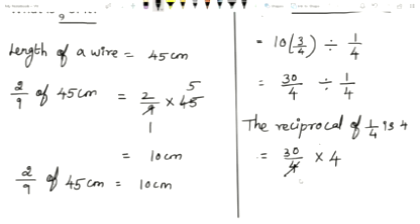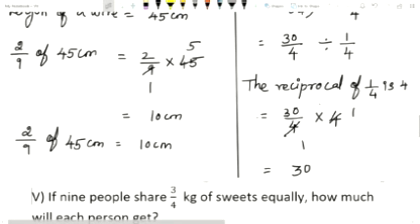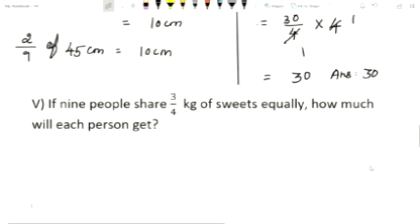Now cancel this, 4 ones are 4, 4 ones are 4. Now what you will get, children? 30. So how many 1/4 are there, children? 30 1/4 are there. So what is the answer? 30 is the answer. 30 1/4 are there in 10 3 by 4. Do you understand, children? See the next one.